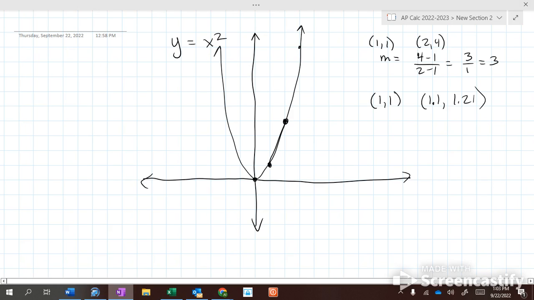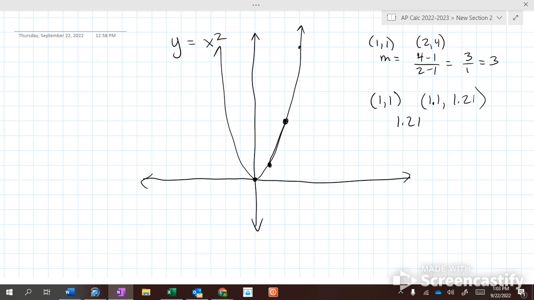1.1 squared is 1.21, but 1 squared is only 1. All right, so let's find the slope between these two points.